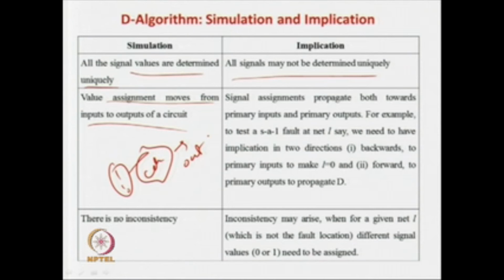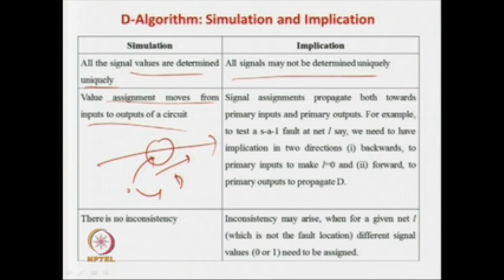In case of implication, it is not a unidirectional flow, that is we do not flow straight from input to output. Rather, we first find that some fault is there, then we sensitize it, then we find the D frontier. The D frontier will propagate the value, and once it propagates, some J frontiers may be created. In the J frontiers you have to justify the inputs, and then again a new D frontier is created, and similarly we take the D value to the output.